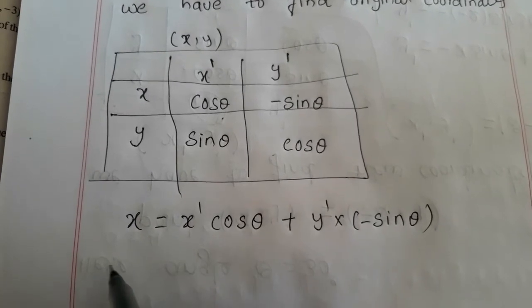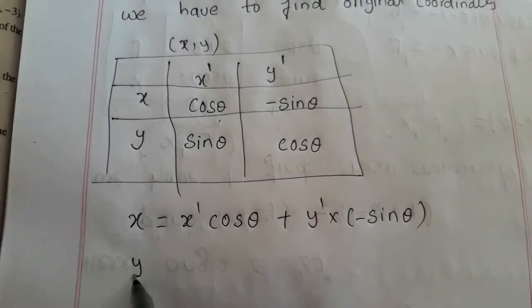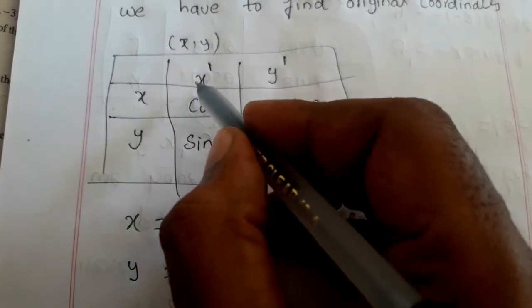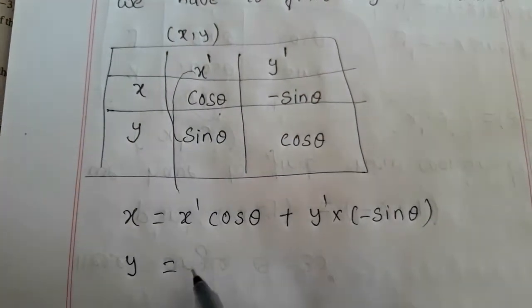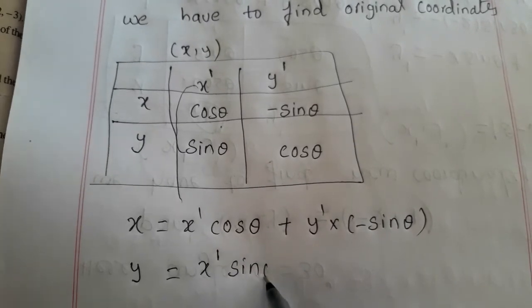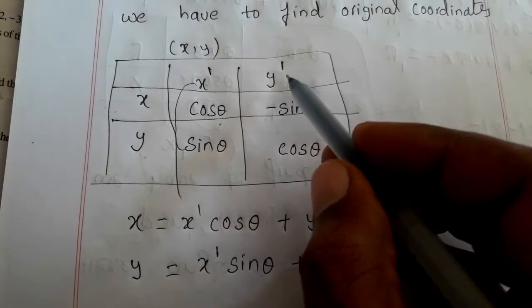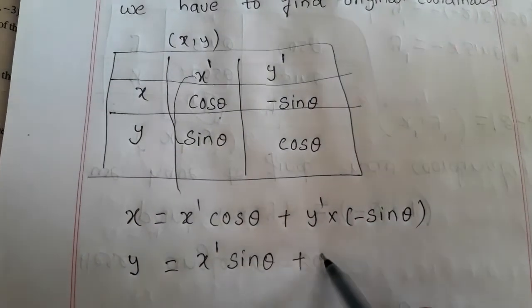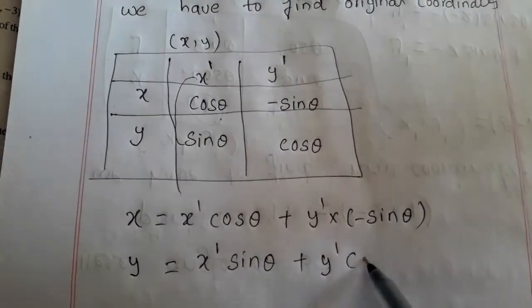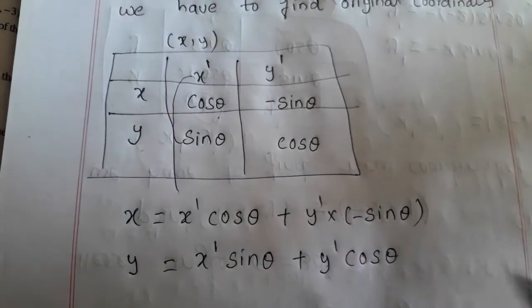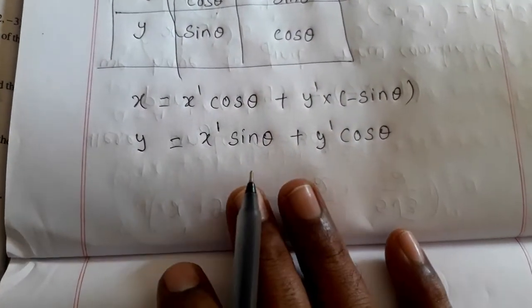Similarly, y is equal to x dash into sin theta plus y dash into cos theta. So now we will substitute the values and we are going to find out the value of x and y.